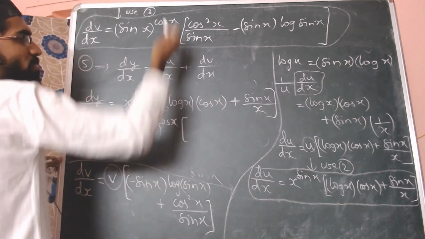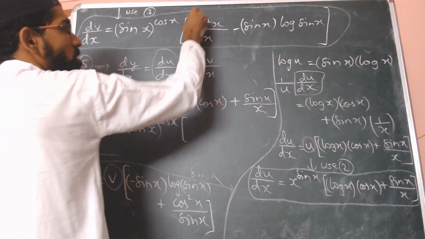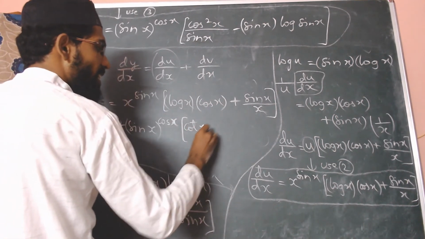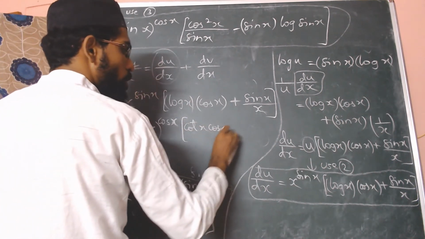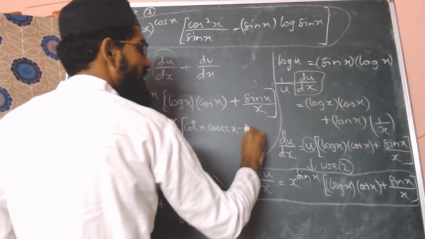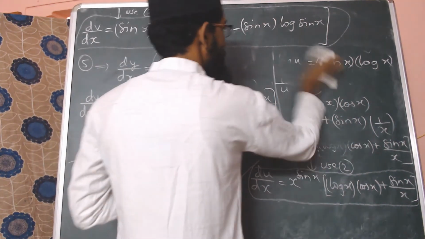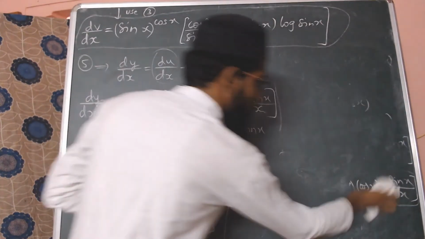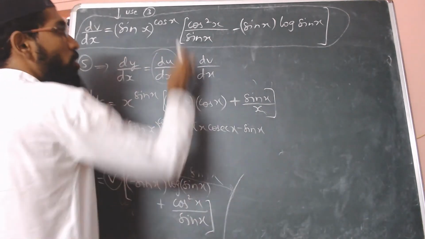Either I can write it as cos by sin, cot x, into 1 by sin, cosec x, minus sin x into log of sin x.